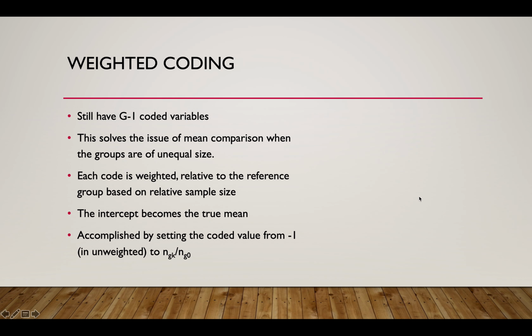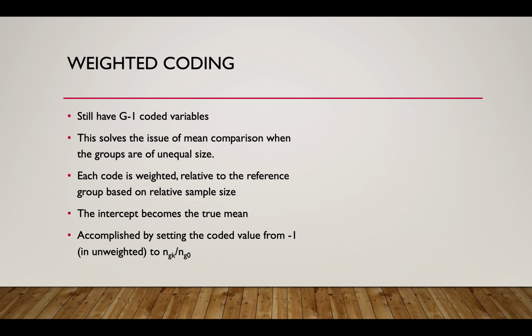In this case, for weighted coding, you will have an intercept that is the actual true mean, and each one of your contrast coded or your weighted coding variables, your independent variables, your g minus 1 coded variables, is the difference between that group and the mean of the entire group.